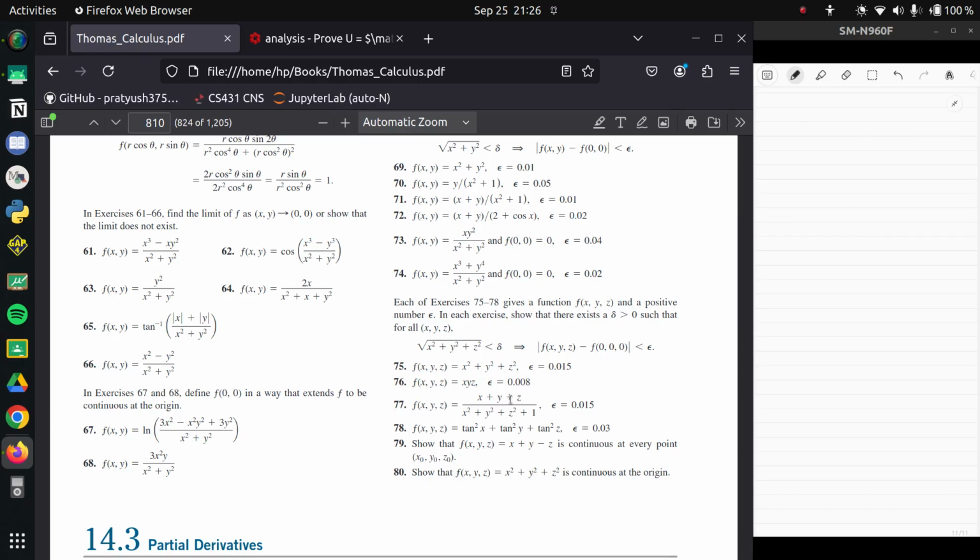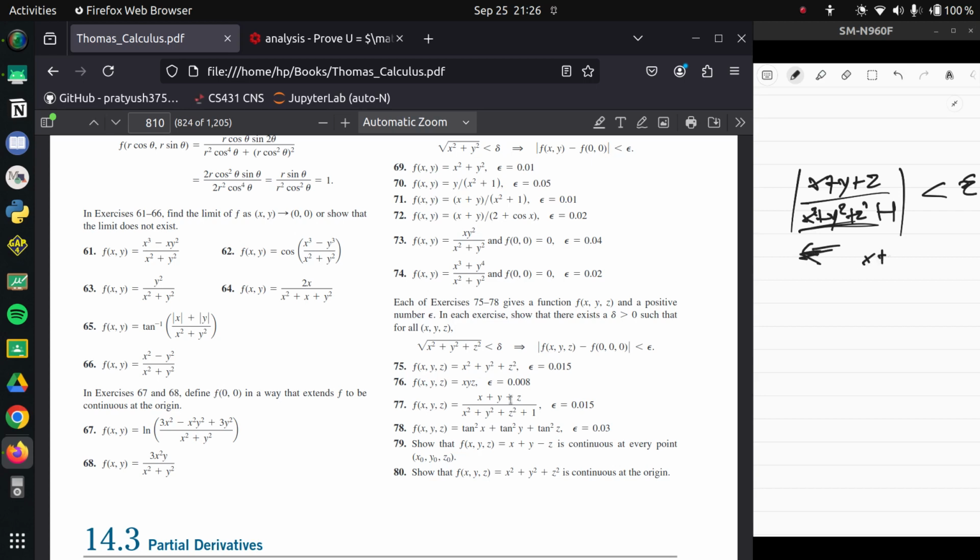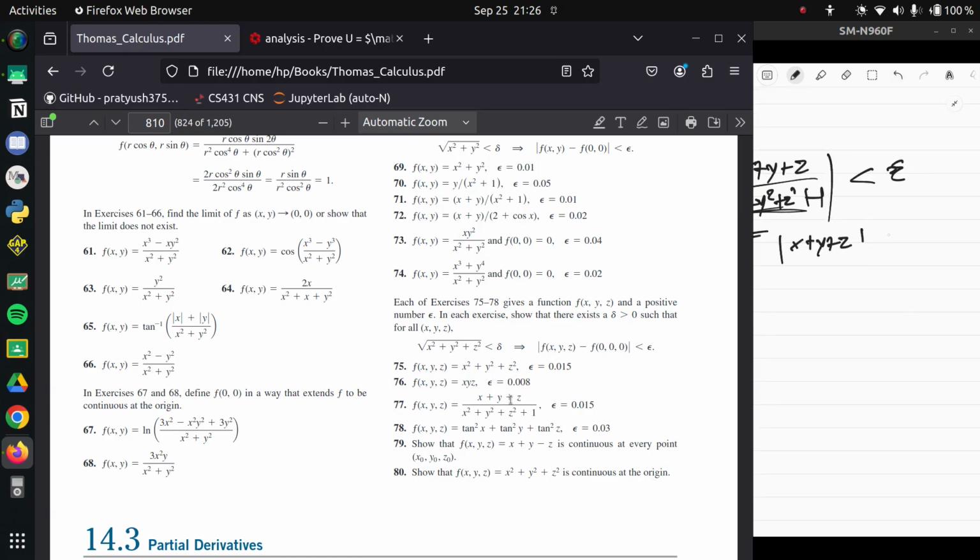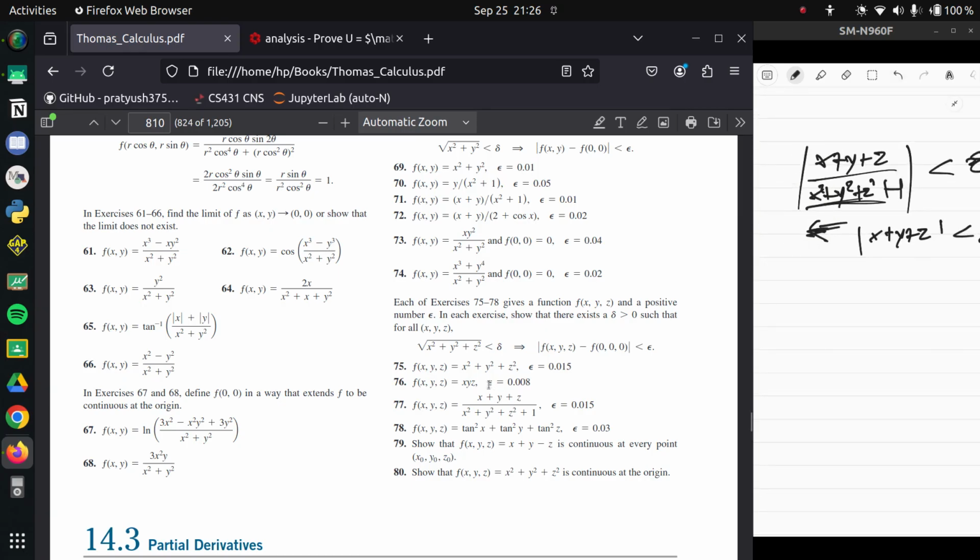Okay. Oh god, this is just getting out of hand. x plus y plus z upon x square plus y square plus z square plus 1. This should be less than epsilon. So once again, the denominator is just some positive quantity, right? So it's just a reverse implication. If x plus y plus z is less than epsilon, this will automatically happen.